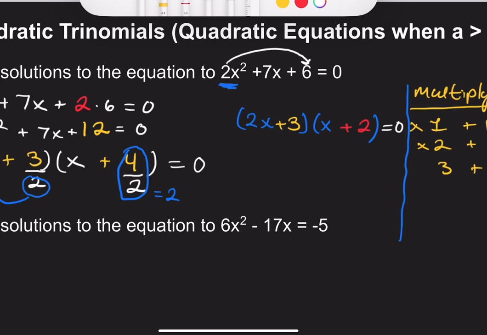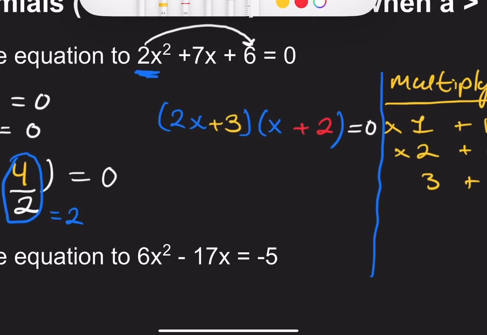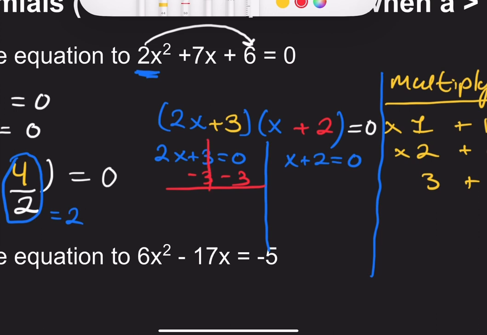Now we're going to use the zero product property to solve for x. So we have 2x plus 3 equals 0, and we have x plus 2 equals 0. Subtract 3 from both sides. The 3's cancel each other out.